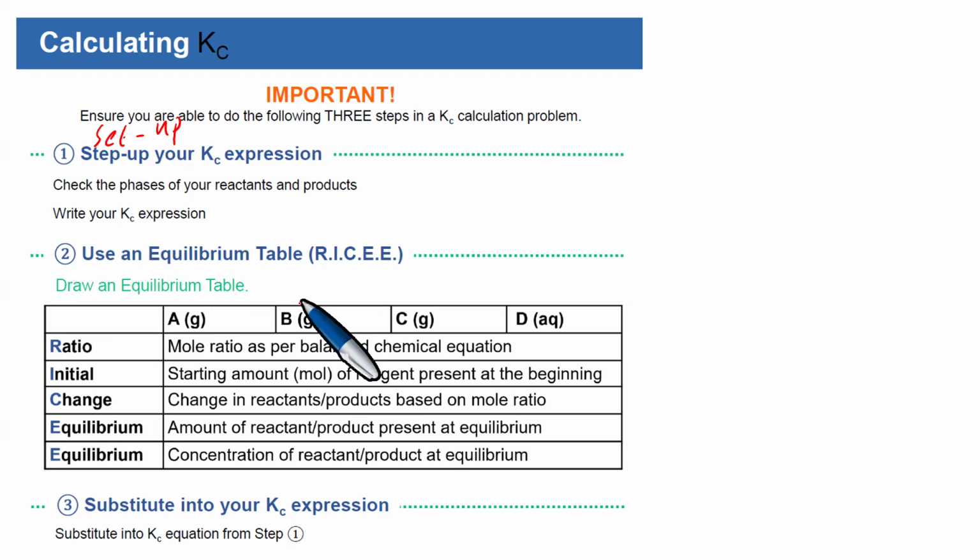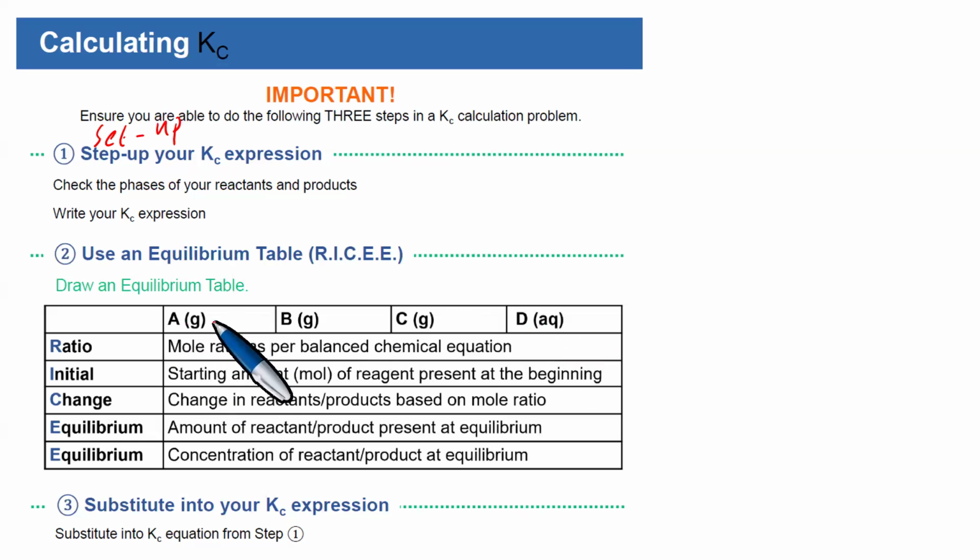Use an equilibrium table. Very often we would be interested in using an equilibrium table, the ICE notation and scheme, and you need to be able to draw an equilibrium table. In our hypothetical example, you have A and B as the reactants and C and D as the products.